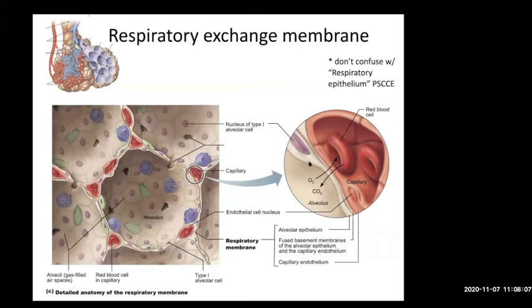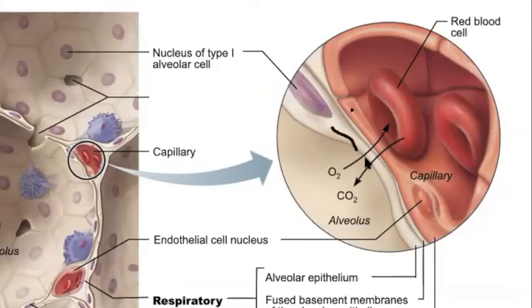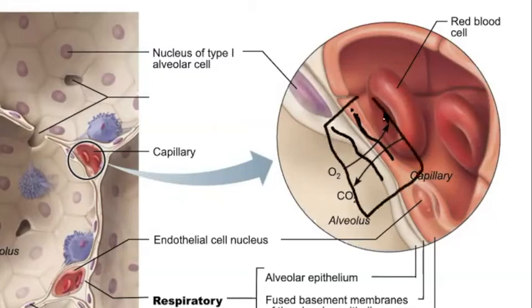And so the membrane right here, you have the simple squamous cells. You have the endothelial cells of the blood vessel right here. And this really all together is what is referred to as that respiratory exchange membrane, right? Where these two connect, what you have is a minimal interface, minimal interstitium, as we say, between these two surfaces, and that allows fast gas exchange, right?